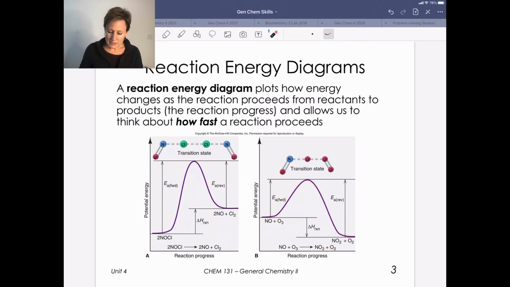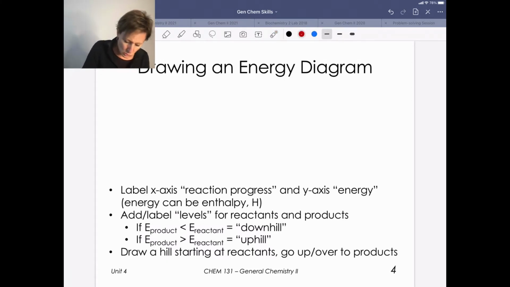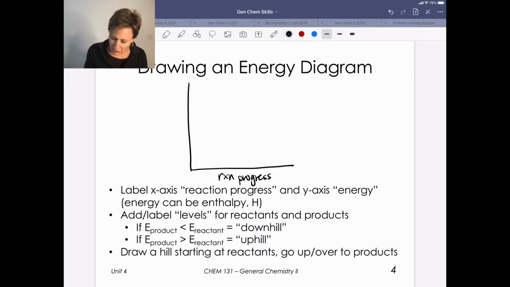Okay, so one of the skills is learning how to draw an energy diagram. So I'm going to go through that with you here. To draw an energy diagram, we're first going to start out by drawing axes. You're going to label your x-axis reaction progress, and you're going to label your y-axis energy.